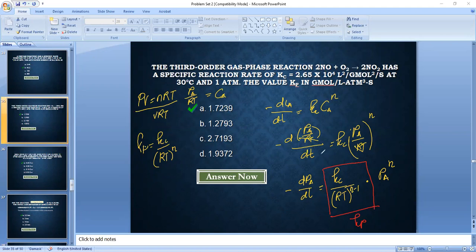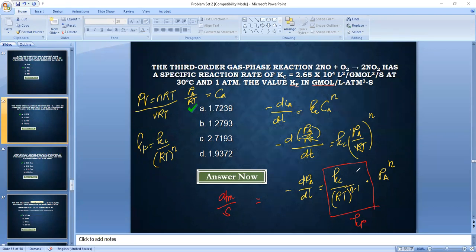So you expect that the problem will stipulate that your rate will have the unit atmosphere, for example, per second, because it's in terms of partial pressure and time. Then this is how you're going to solve for your KP, given the K sub C.